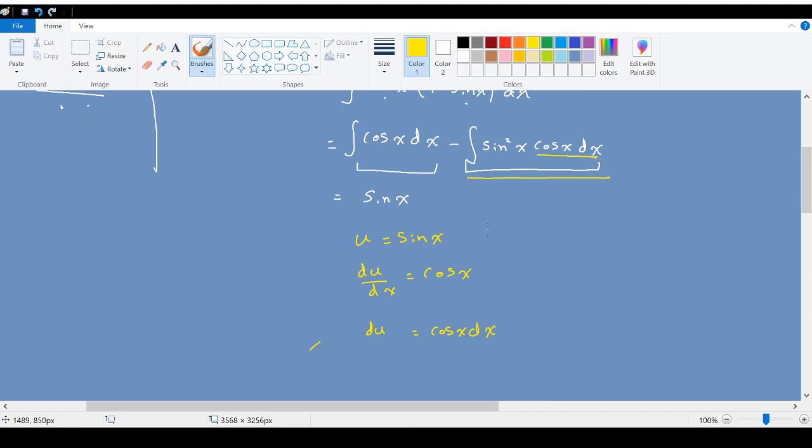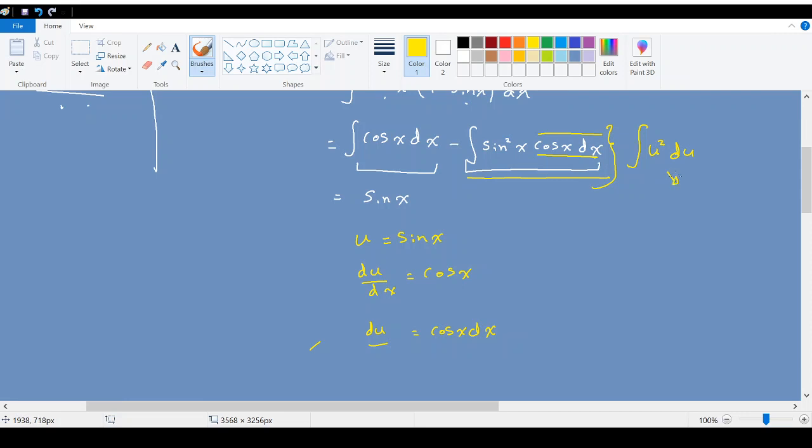Therefore, instead of this term, we can write du. So this portion of the integral becomes, since sine x is equal to u, u squared, and as we have cos x dx, we can write du instead of cos x dx.